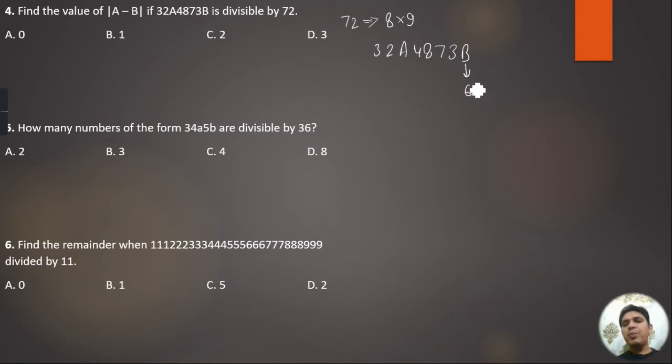Okay, let us take the pairs, 3 plus 6 is 9, 2 plus 7 is 9. Thereafter 4 plus 8 is 12, 12 plus 3 is 15, 15 plus 3 will be 18. That means the value of A will be 3 here, right?